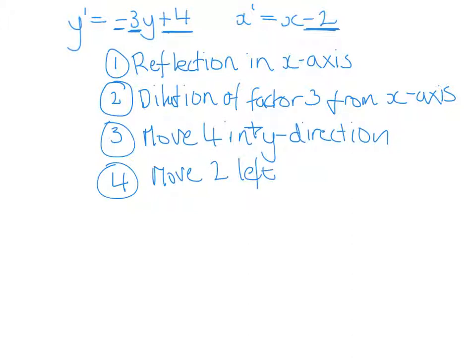So there's how many different transformations we're doing. First of all, a reflection in the x-axis because the y value becomes negative. Then a dilation of factor 3 from the x-axis because the y values become 3 times as big. And then plus 4, so we're moving plus 4 in the y direction, and then minus 2, so that would be a move of 2 left.